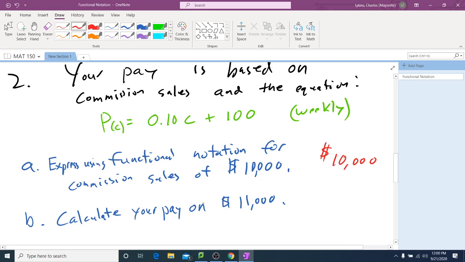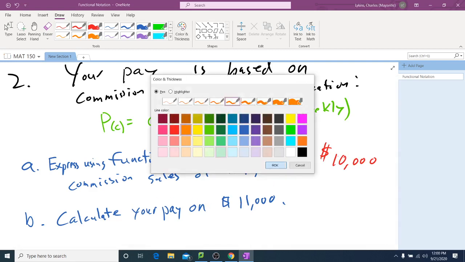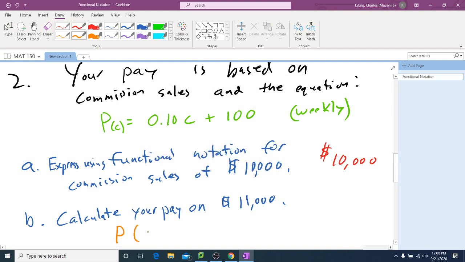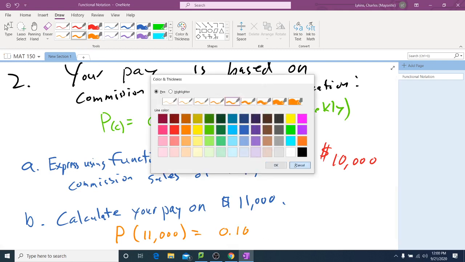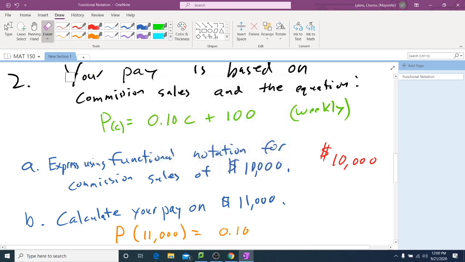Now in part B it says calculate. So what I'm going to do, this is functional notation, is that 11,000, I put this in the equation. So I'm going to say 0.10 times 11,000 plus 100.